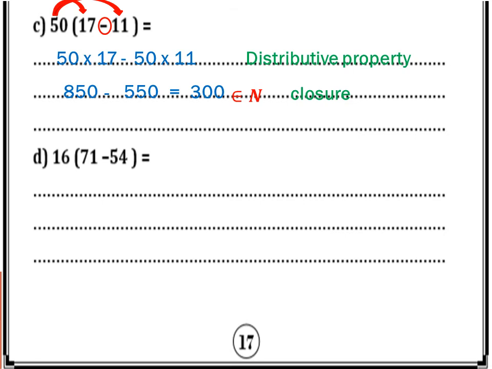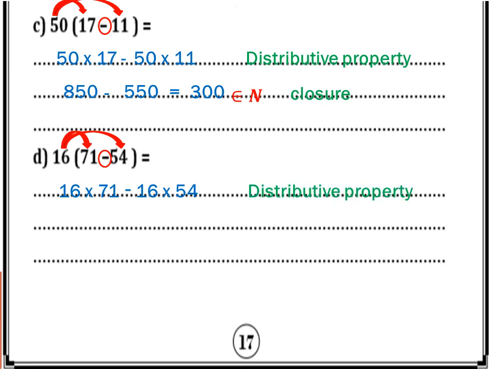And now let's solve letter D. 16 times 71 minus 54. Here we have bracket, so we are going to distribute and use case 3. So 16 multiply 71, put the sign, minus 16 times 54. Here the name of the property is distributive property.